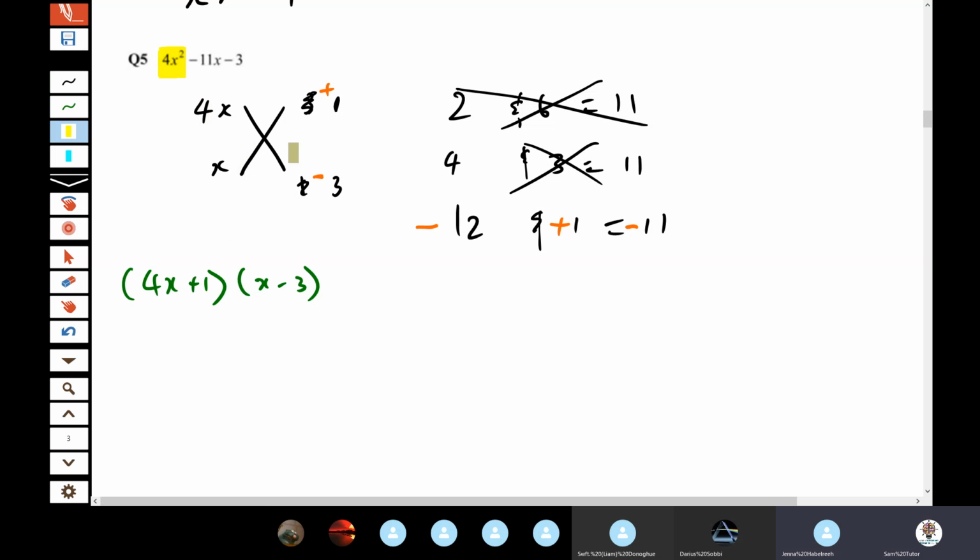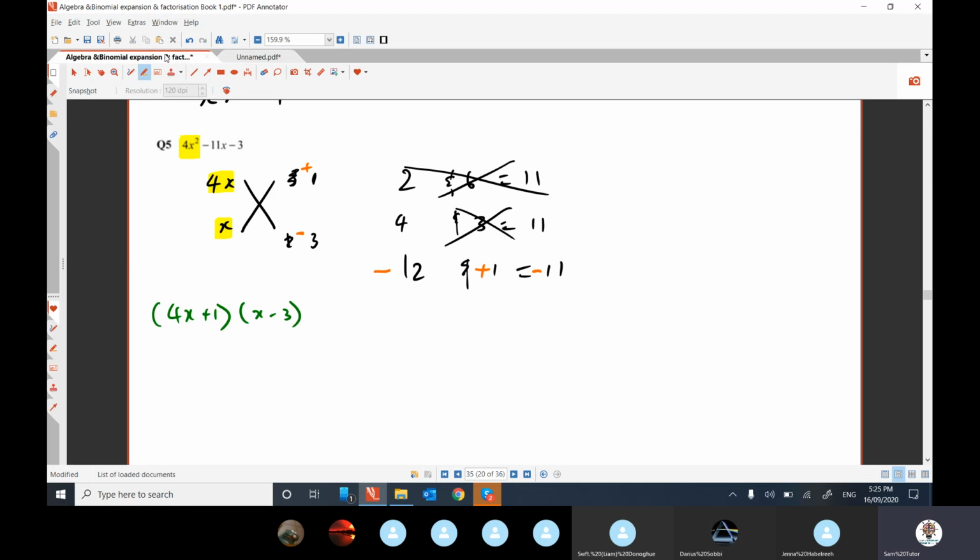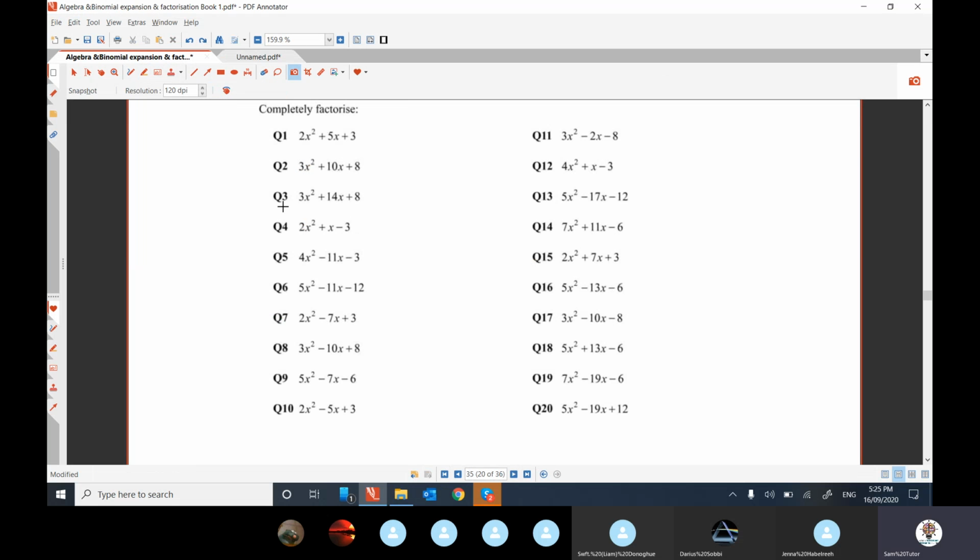It's actually done through trial and error. You just try with whatever you said first. I did 2x and 2x. We realized it didn't work. That's okay. At least now you know it's definitely not 2x and 2x. It's 4x and x. So it's okay. That's the whole point of this technique. It's fail safe. You're not really meant to get stuck. Okay, all good. We'll do another one.